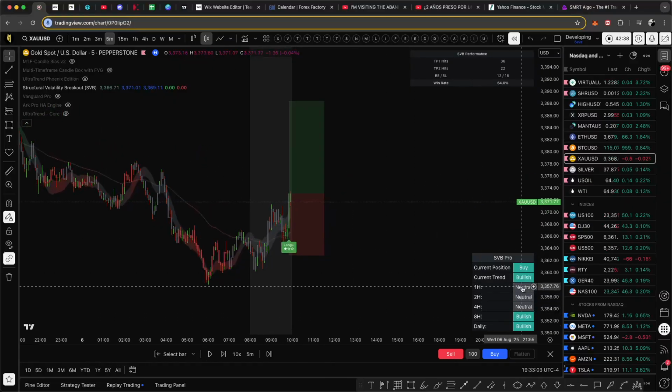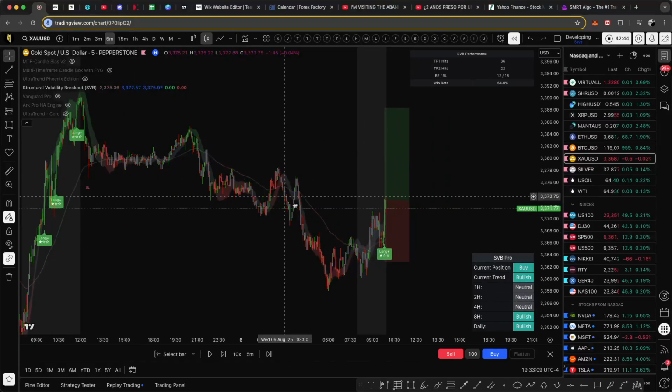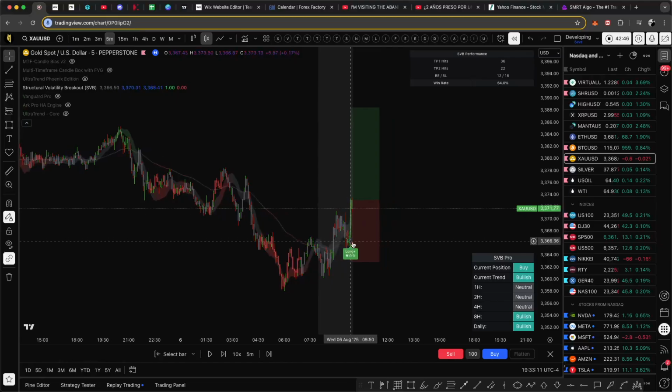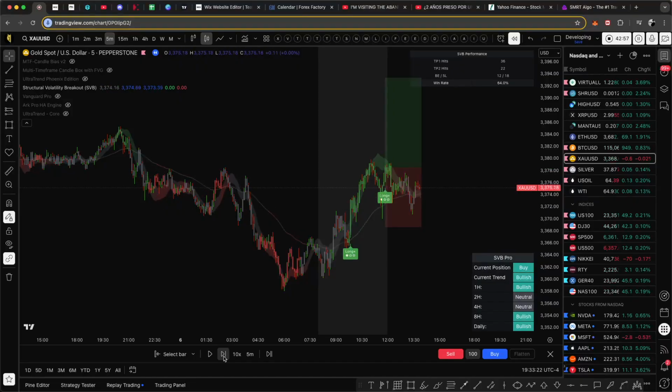By the time we get the signal, we're still kind of neutral on the 1, 2, 4 hour. You see, a little bit more bearish, I want to say. So from here, we printed another position, but then it starts to lose strength.